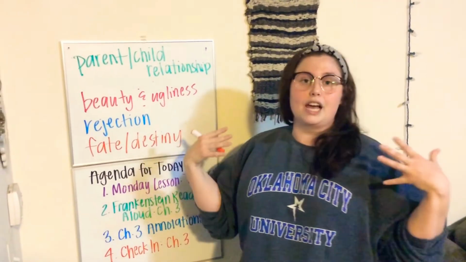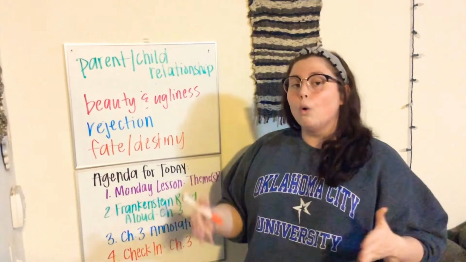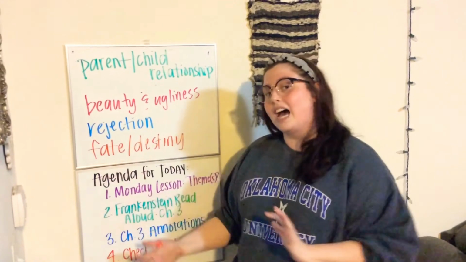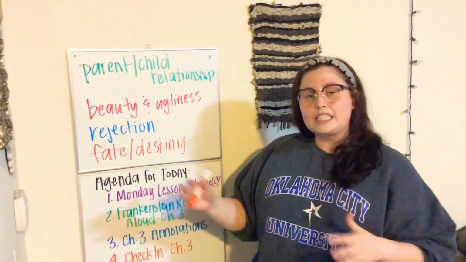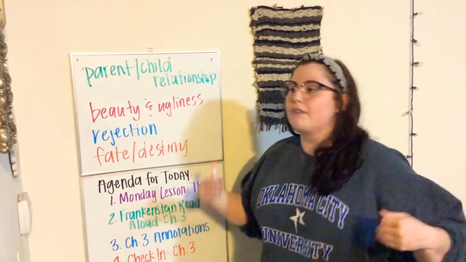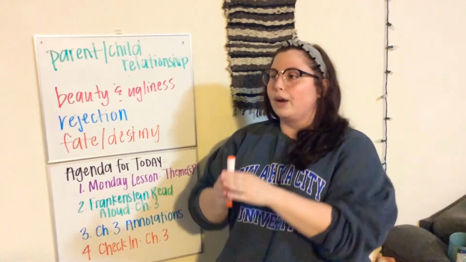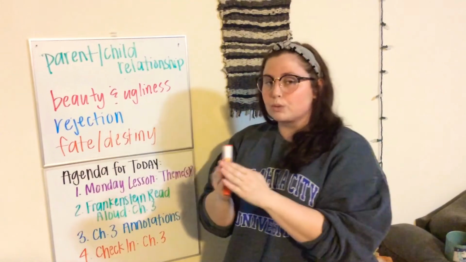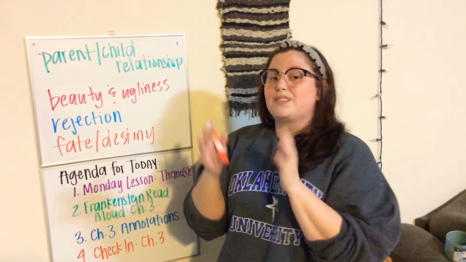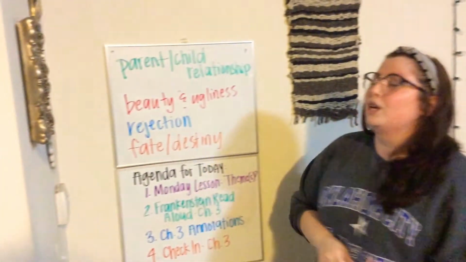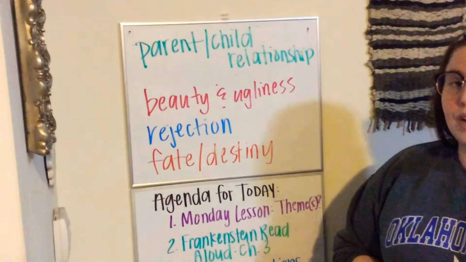All the events in his life led him to this point, or does he have the will to make that choice and decide what happens to him? So anytime in the text you see something about everything led me to this conclusion, or everything led up to this point, or I had no choice, or this was what was bound to happen to me, that's fate or destiny, okay? So these are the 4 themes we're going to be looking for in chapter 3 of Frankenstein.